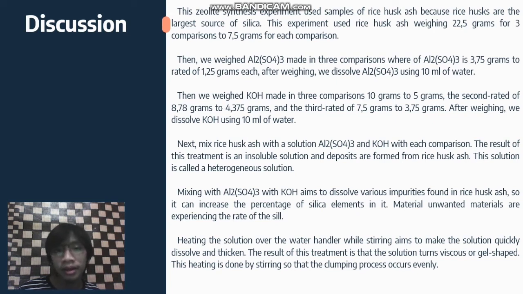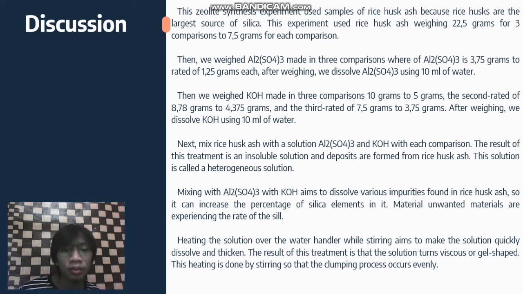And after weighing, we dissolve KOH using 10 ml of water. Next, mix rice husk ash with the aluminum sulfate and KOH solutions in each comparison. The result of this treatment is an insoluble solution and deposits formed from rice husk ash. The solution is called a heterogeneous solution.